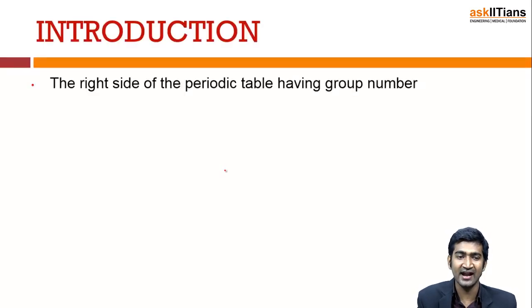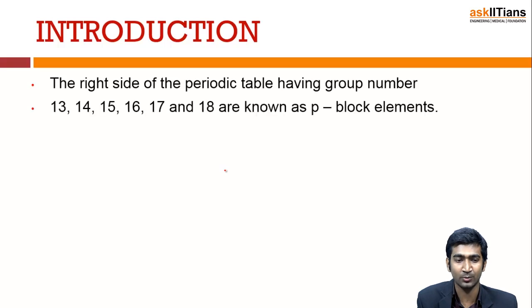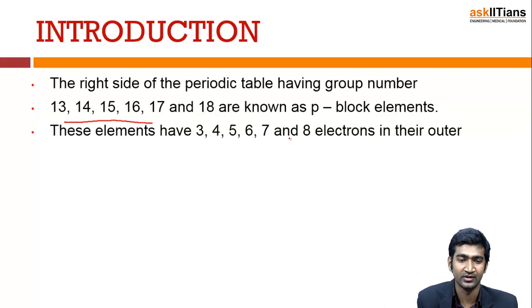It's actually the right side of the periodic table which has the group numbers 13, 14, 15, 16, 17 and 18. They are termed your P Block Elements. You can see 1, 2, 3, 4, 5, 6: in total they have 6 columns or 6 groups.